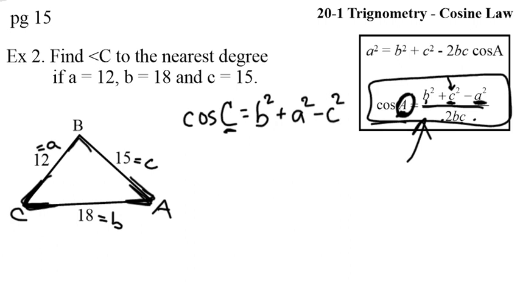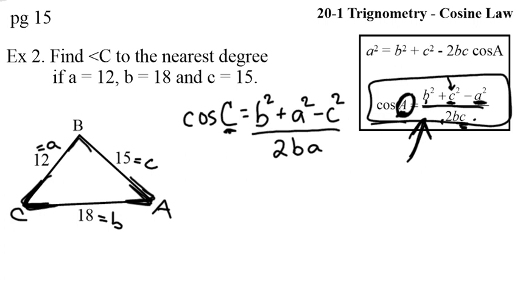You have to manipulate your formula to suit what you're looking for. The other possibility here is 2 times B times C. Well, that can't be C anymore because we're finding C. It would actually be 2BA. So manipulate the formula to suit what you're looking for.